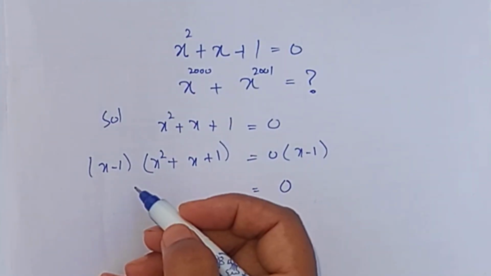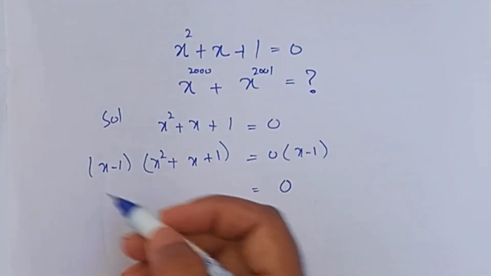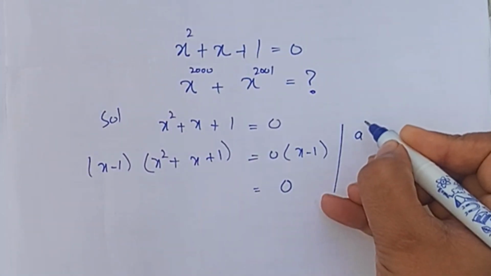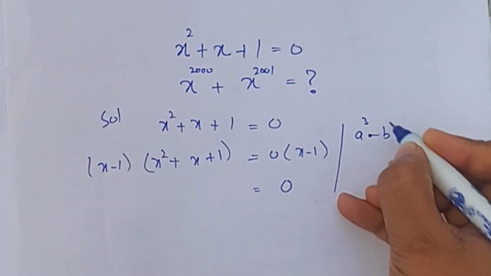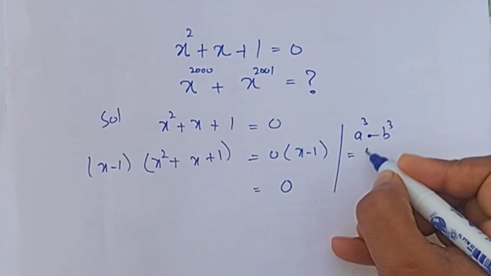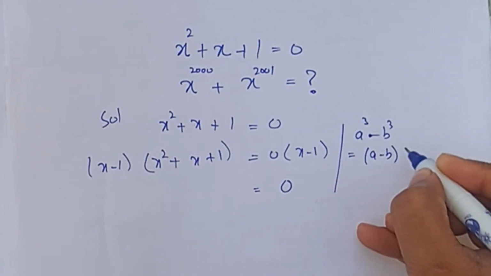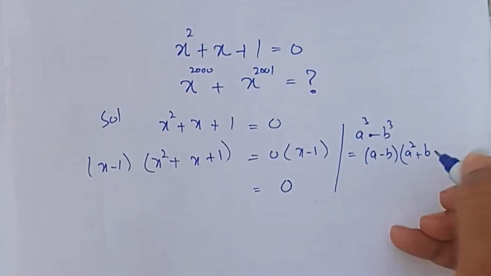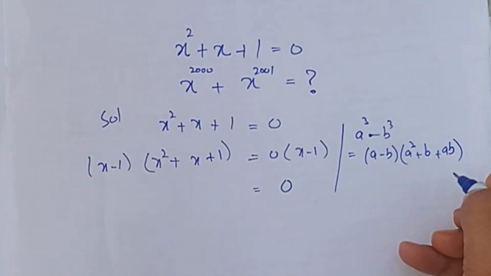And look at the left hand side. This will become a formula, and we know that a cube minus b cube is equal to a minus b multiply a square plus b square plus ab.